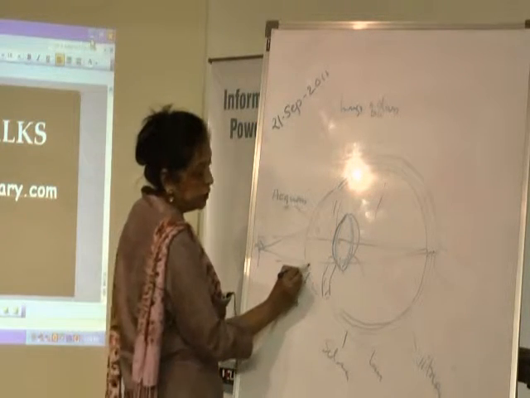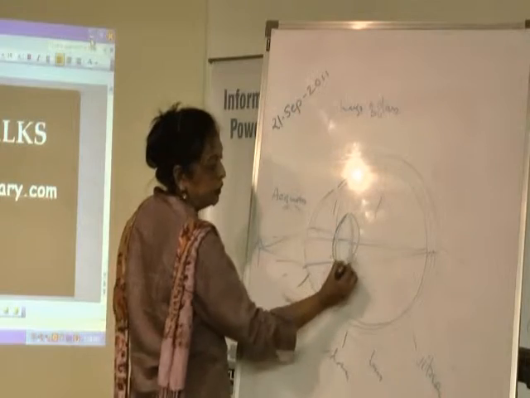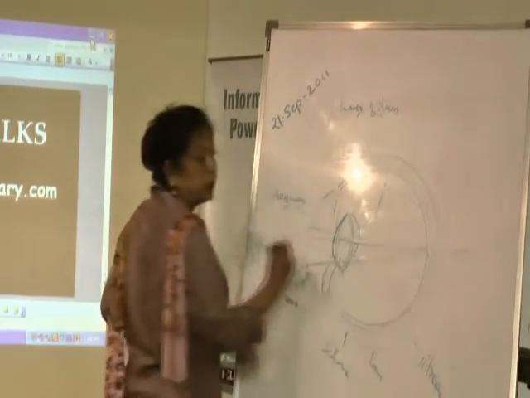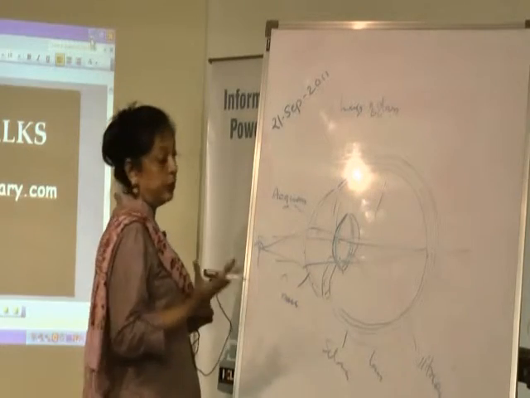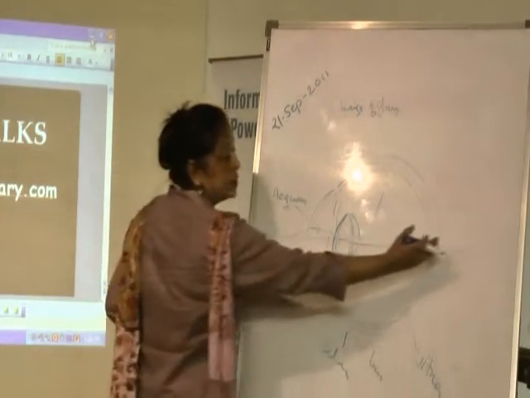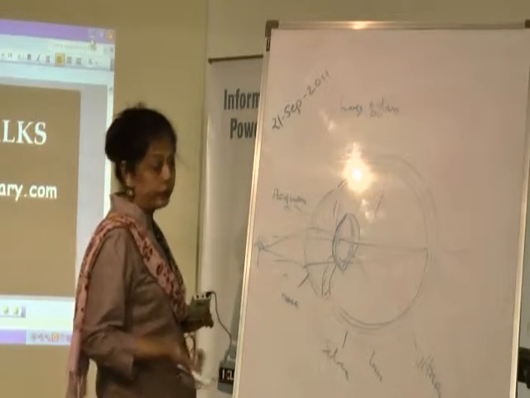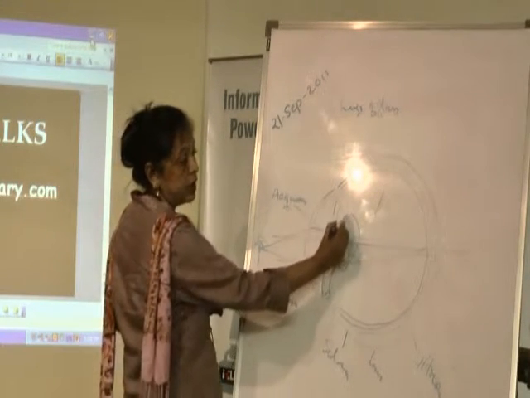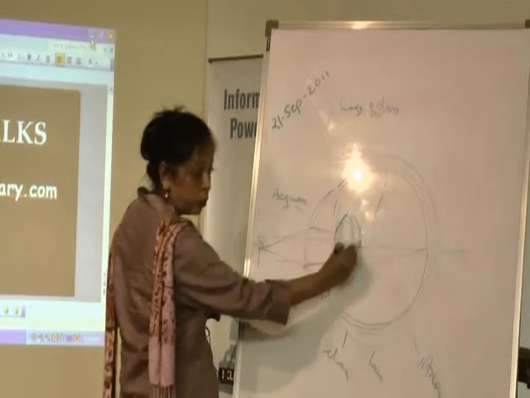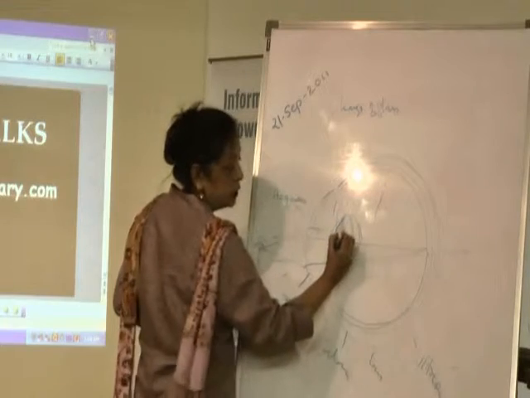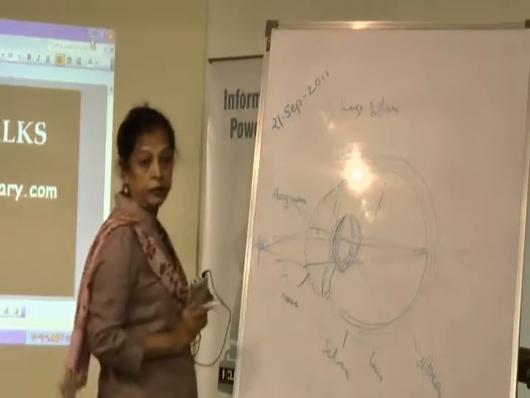Once divergent, they fall here and go behind the retina. So the patient wants to bring these rays of light onto the retina so that the patient will see properly. So the lens which is here should become more convex. Then only the rays of light will come and focus on the retina.